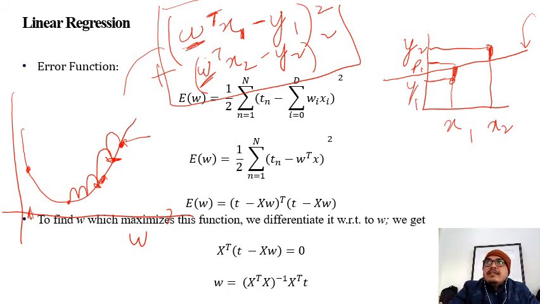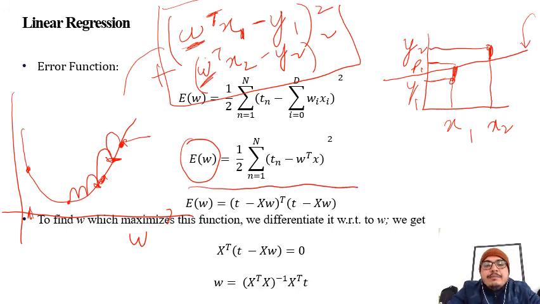Hence, what we need to do is take the gradient of this error function. Gradient means slope.